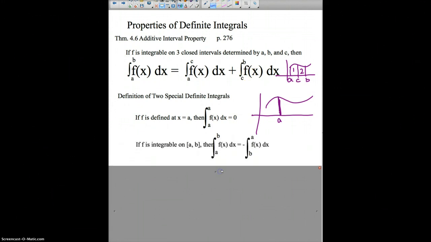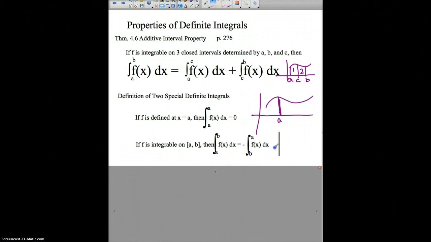Alright, and the other definition of a special integral: if you want to find the area from A to B of one function, how does that relate to the area of the function from B to A? It would just equal the opposite.